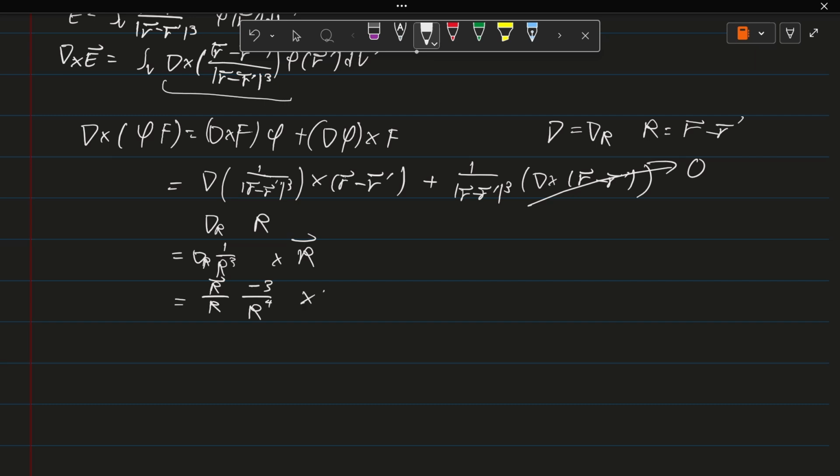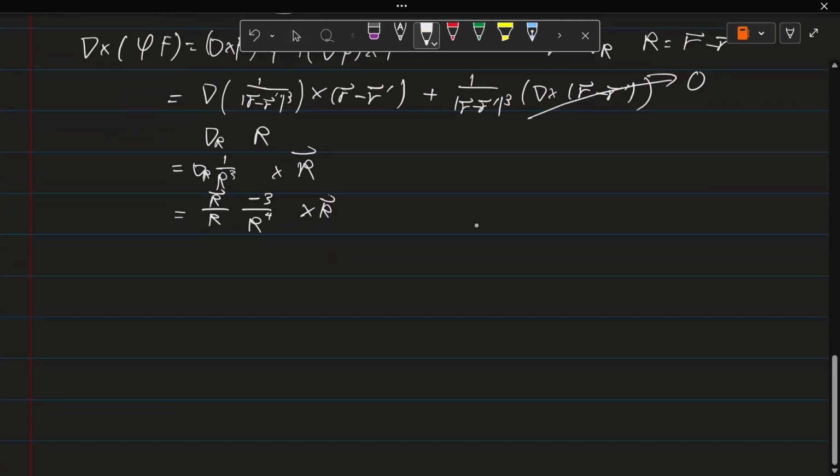Then you cross this with the r vector. Now, you don't need advanced calculations from here, because you only need to notice that r vector cross r vector is 0. So this entire thing is 0. So what we observe is that the curl of the electrostatic field is 0.